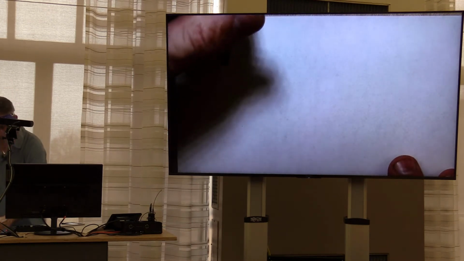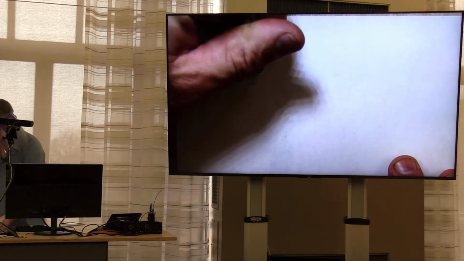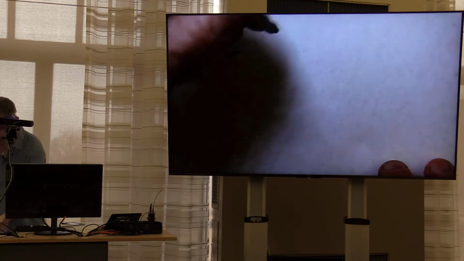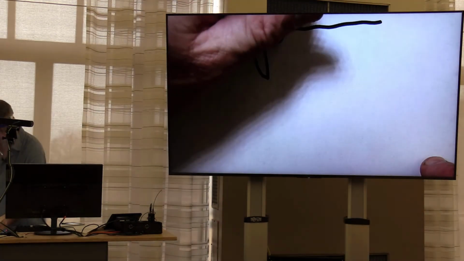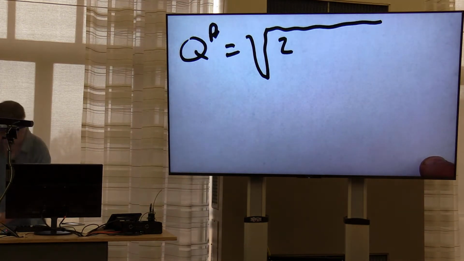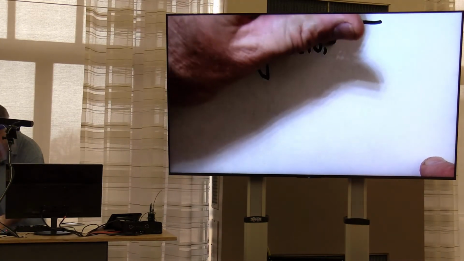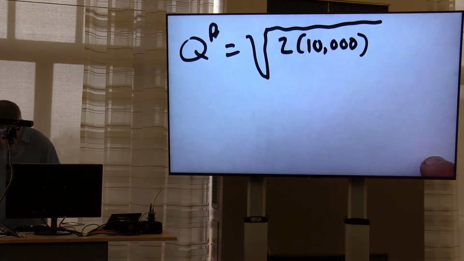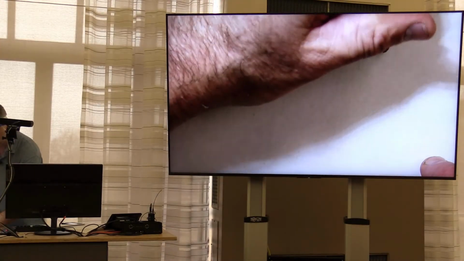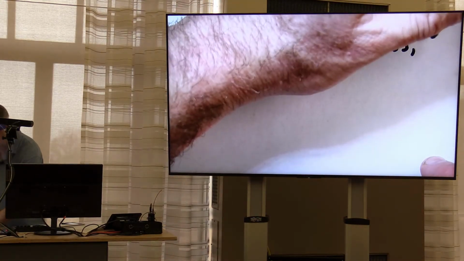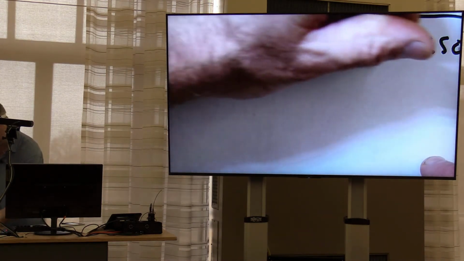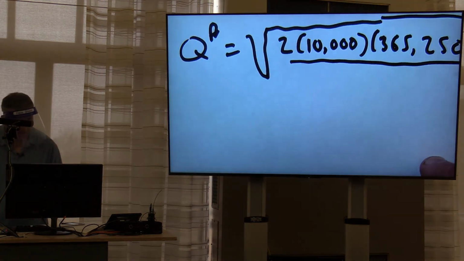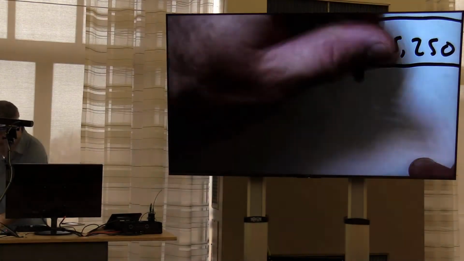And so Q star is equal to the square root of 2RD divided by H. 2 is 2. R is 10,000. Big D is 365,250. Divide the whole thing by H, which was 3.